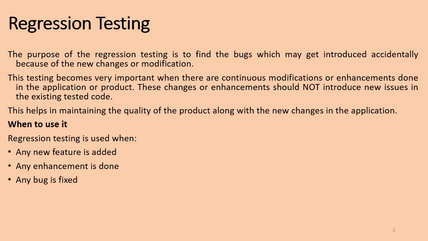Suppose there was some error and you try to fix it, and fixing it demands changes in the code, or adding new features. After fixing that bug, it might be possible that the fix introduces some other new errors. In that situation also we can use regression testing.